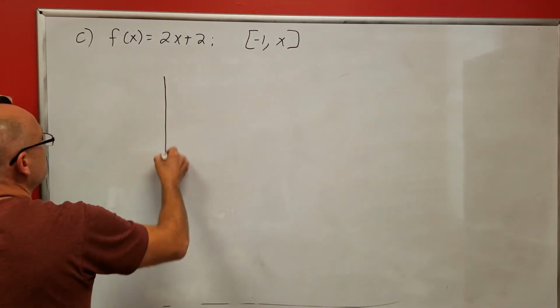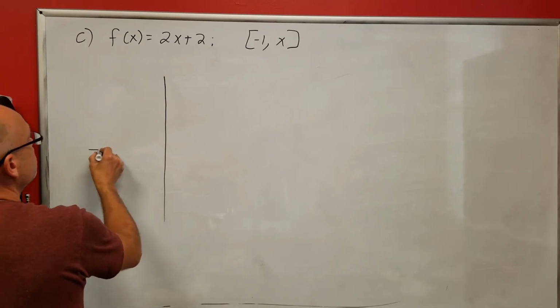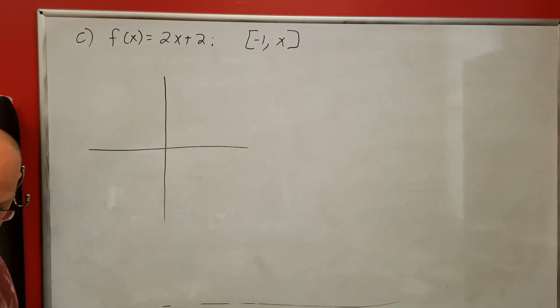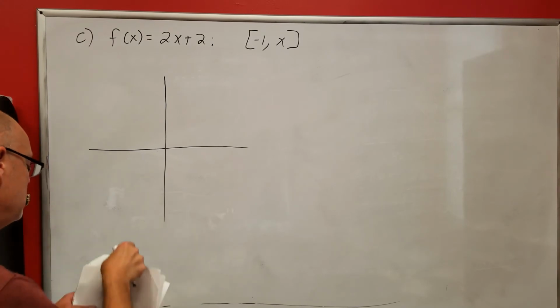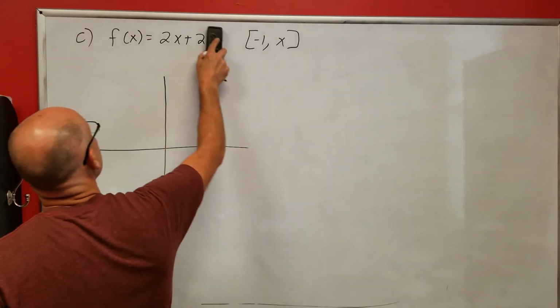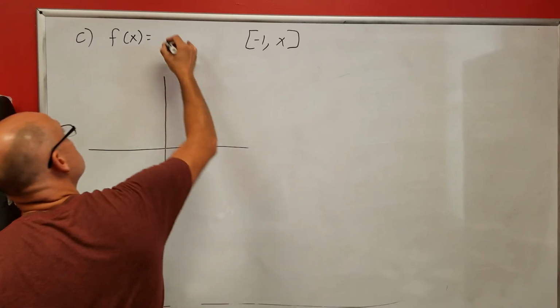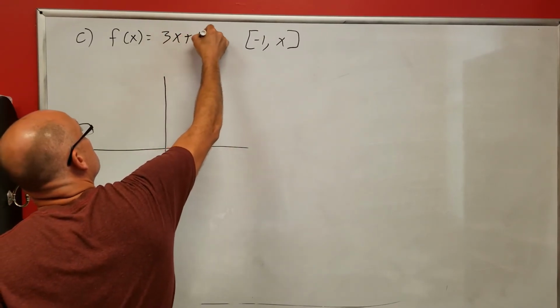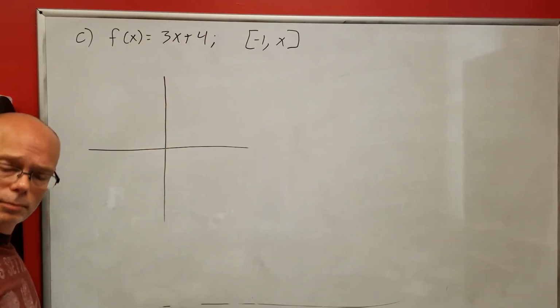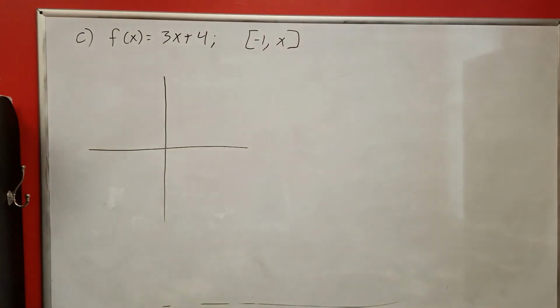Let's draw a picture of this thing, okay? Wait, did I just copy down B? Yeah, I just copied down B. Part C is f of x is equal to 3x plus 4. Change this to 3x plus 4.